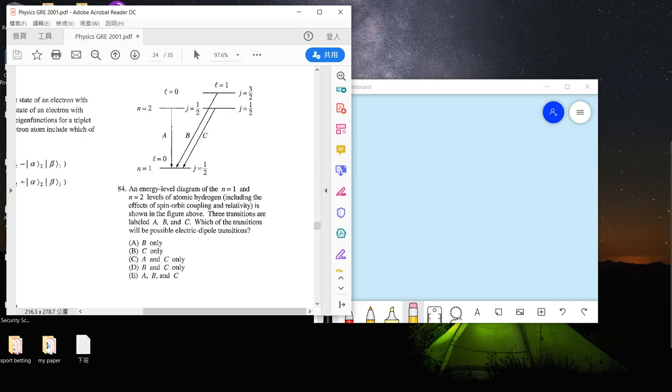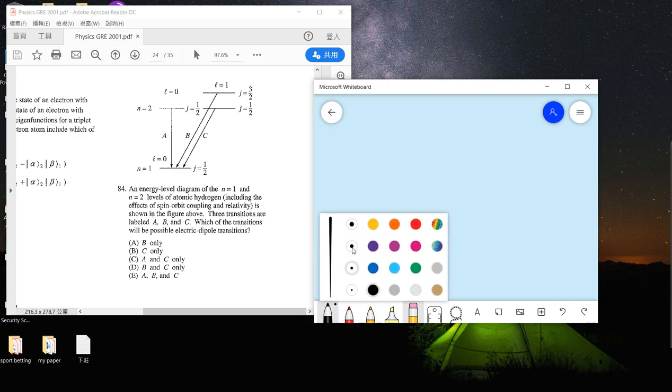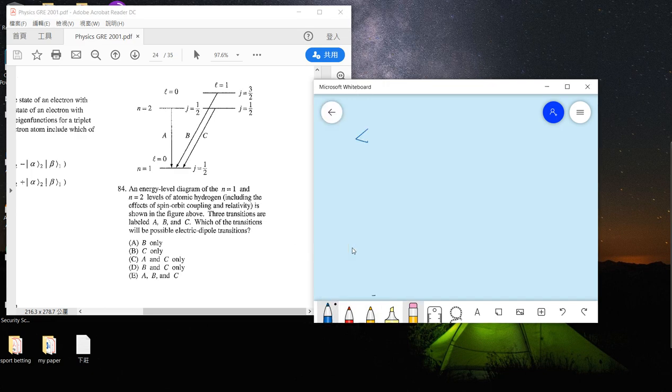Okay, 84: the energy levels for n equals 1 and n equals 2 of atomic hydrogen are shown with three transitions labeled A, B, C. Which transition is allowed? A possible dipole transition needs to satisfy delta L nonzero, and delta M can be 0 or plus minus 1.